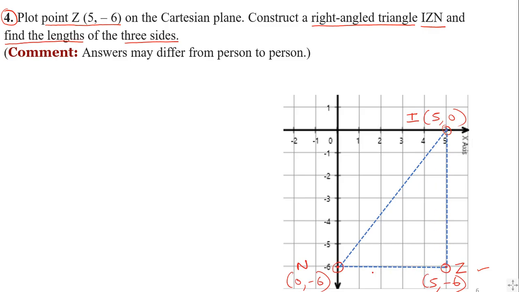And one line you draw towards the y-axis, and we will name that point as N point, and because this point is on the y-axis, x will become 0 and y will become minus 6. And Z point they have given in the question. So like this we have made the drawing, and we have constructed a right angle triangle, and it is right angled at Z.